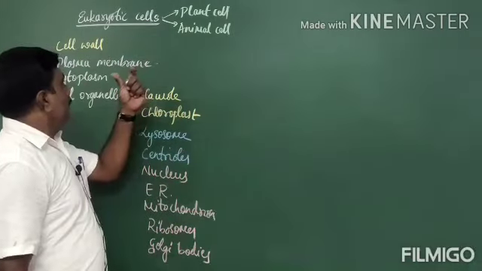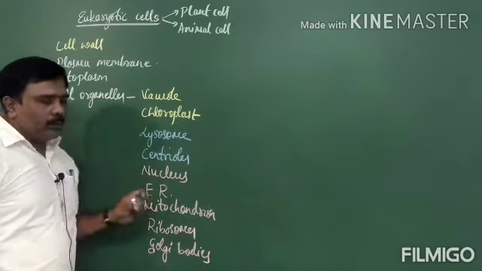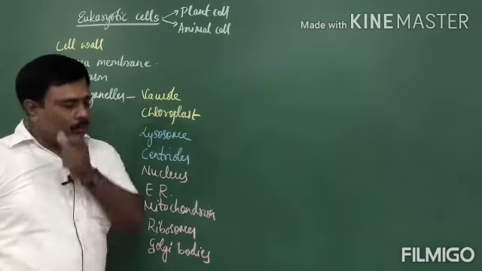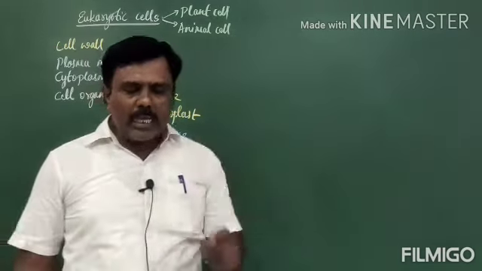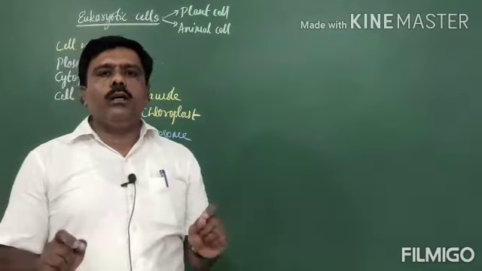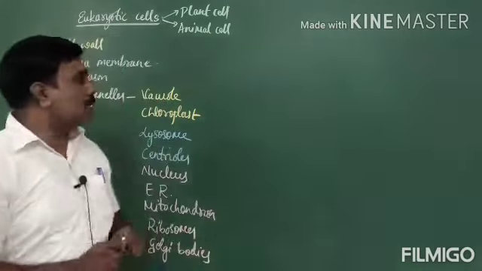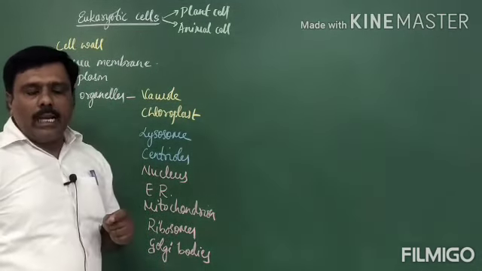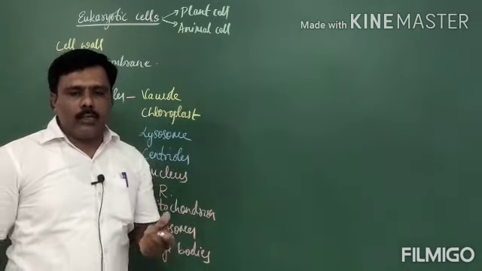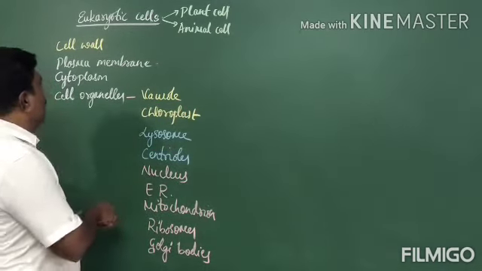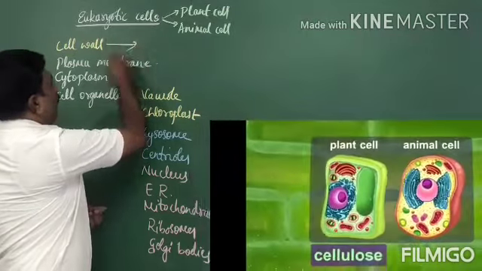See here, we have some of the structures that are present in a eukaryotic cell. As already told, a eukaryotic cell is a highly advanced, well organized cell. In the eukaryotic cell, compared to the prokaryotic cell, the first and foremost important thing is the cell wall.